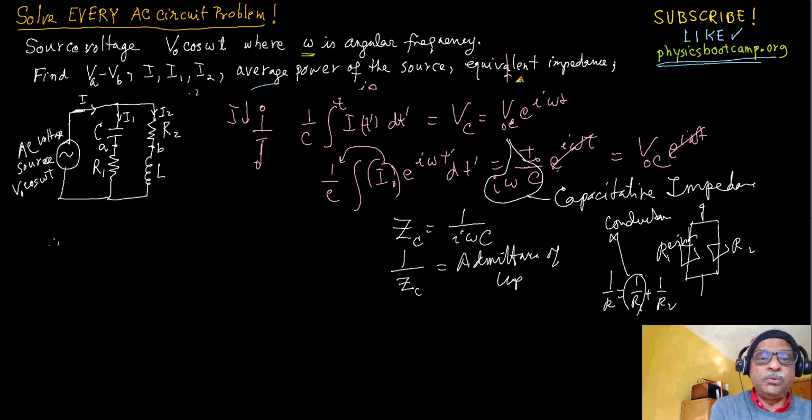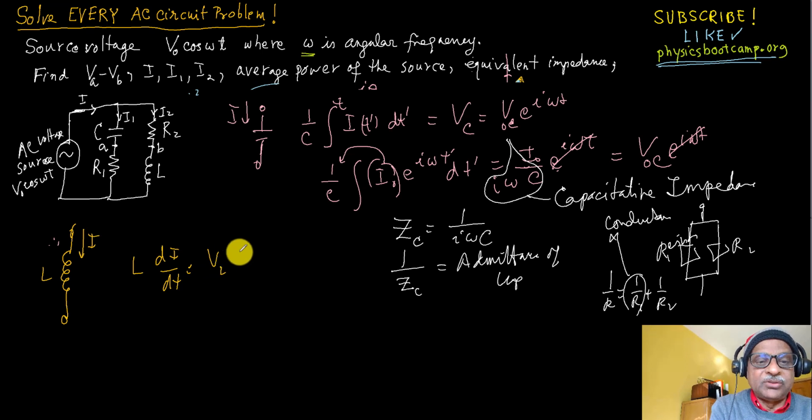So now if I do the same thing for this inductor, and the current I is going through, what's the voltage drop? This is going to be L di/dt equals V. This will also be some complex number, but the time part will be just like that: L times some I0 e^(i omega t) times i omega on one side, and on the other side some V0 e^(i omega t).